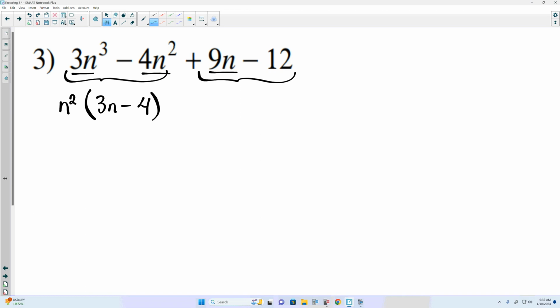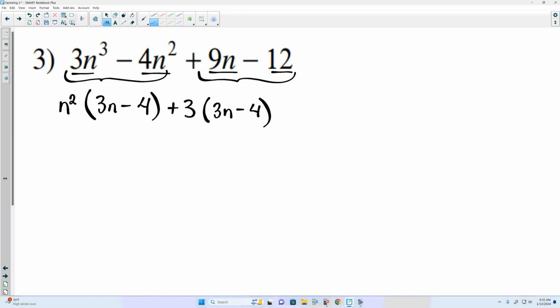Now we move on to the next set, our 9n minus 12. Well, whatever happens, for us to factor this by grouping, we really need the other set of parentheses to be 3n minus 4. Because if we're not able to do that, we can't factor out again to simplify all the way down. Because the goal with this is to get 2 sets of parentheses. I would say plus 3.